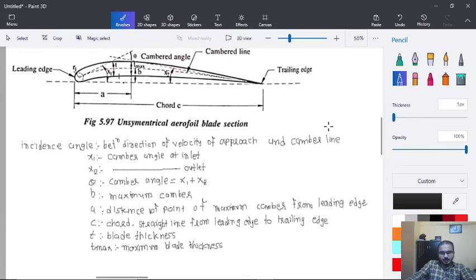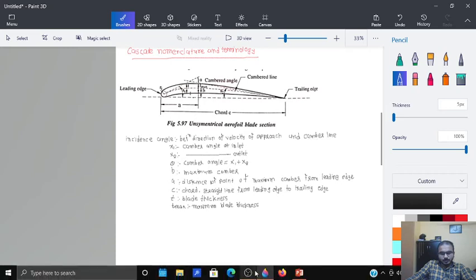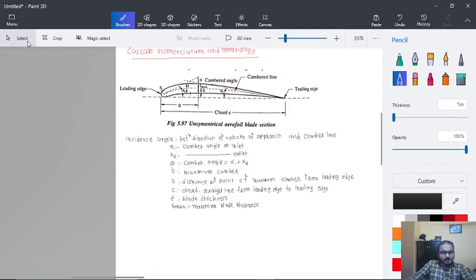Now let's first copy this work into our main slides.